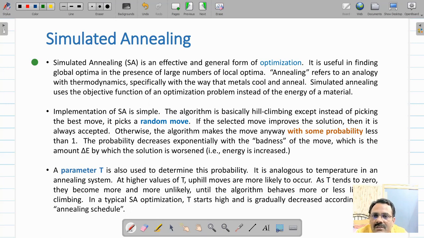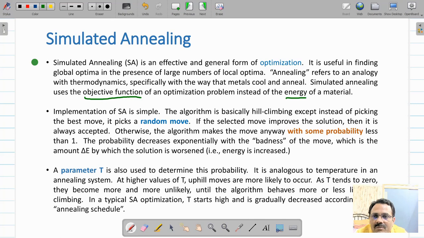Simulated annealing uses an objective function. Here in the simulated annealing process, in terms of the algorithm, we are going to define an objective function for the optimization problem, which is equivalent to energy in thermodynamics.